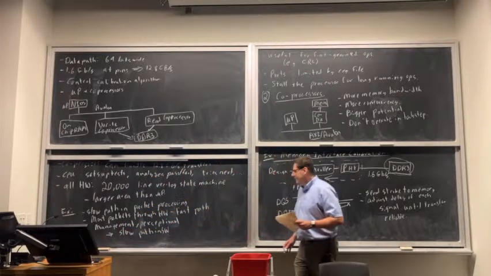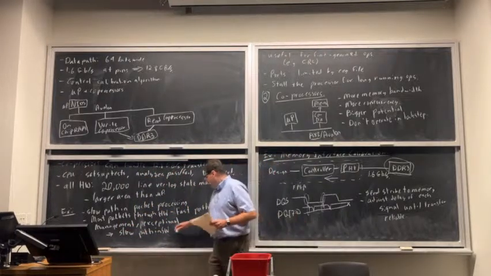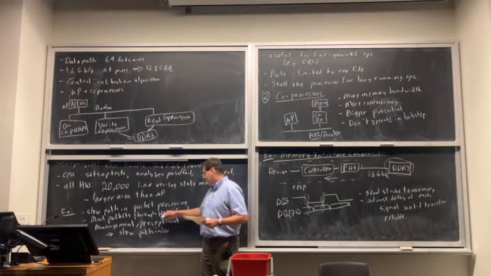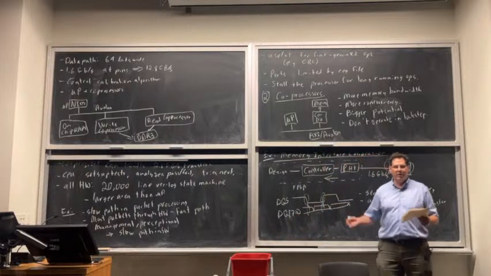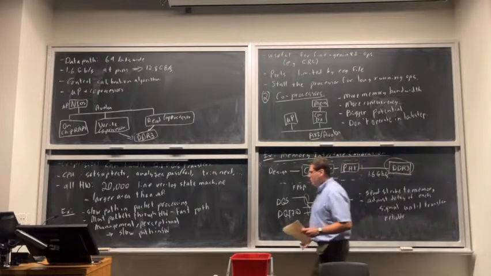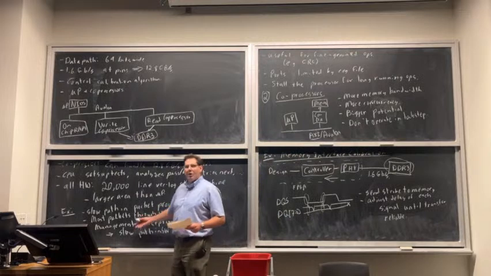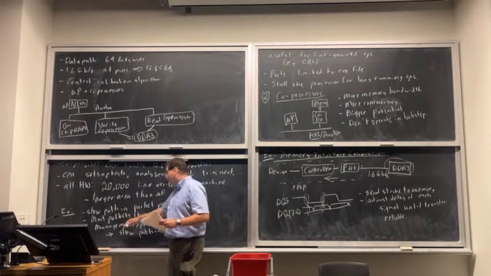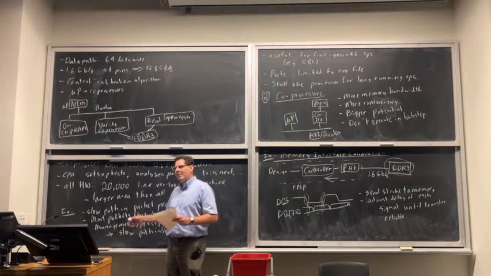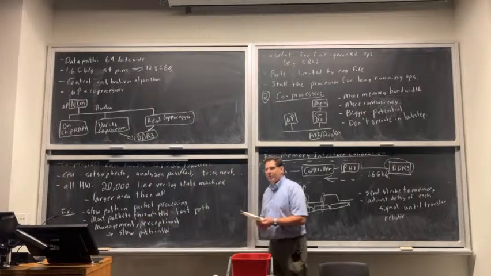Even if you have maybe a 1/100th of the packets go through the slow path, that could still be too fast for a soft processor. So this can be one of the reasons that you put hard processors in an FPGA. It's not the only reason, but it's like, well, I'd like to offload some things to software, some exceptional conditions, and a soft processor is not going to be fast enough.